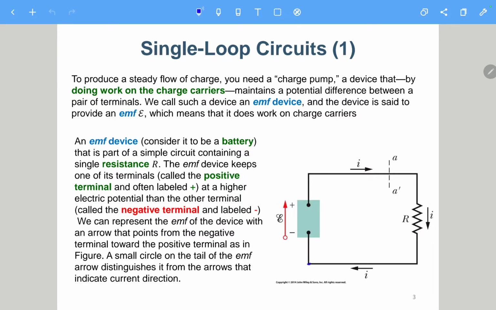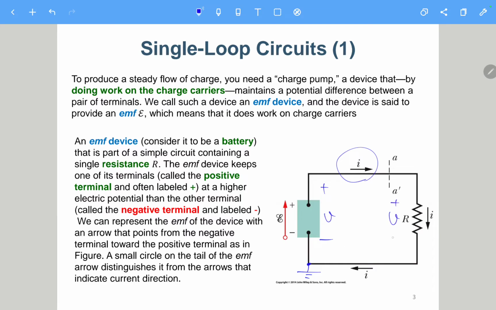Maybe you can just assume this point is a ground, so the potential here is 0 volts and nothing else. This is a battery or an EMF device, which means that the voltage here, this V, is nothing but E. Then we assume that the current is clockwise.